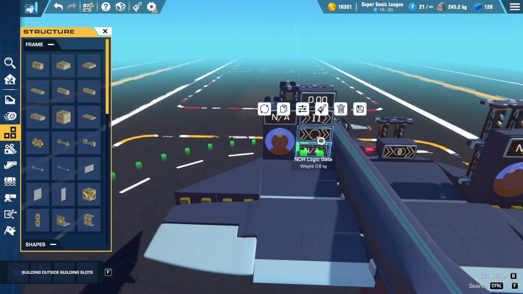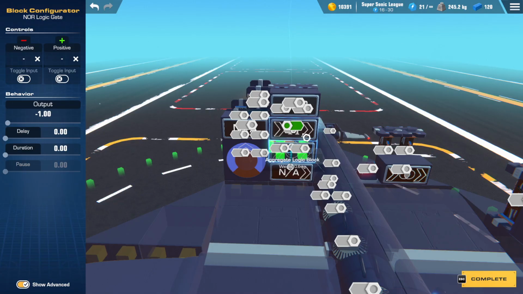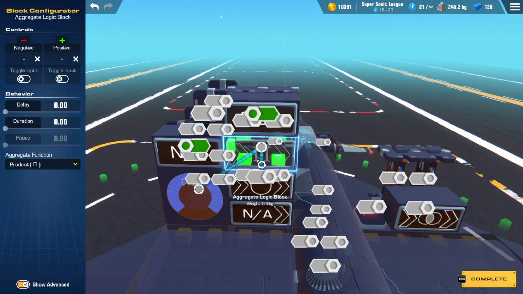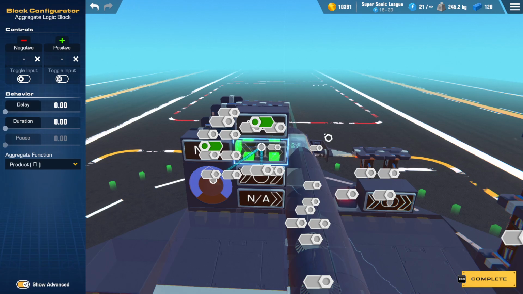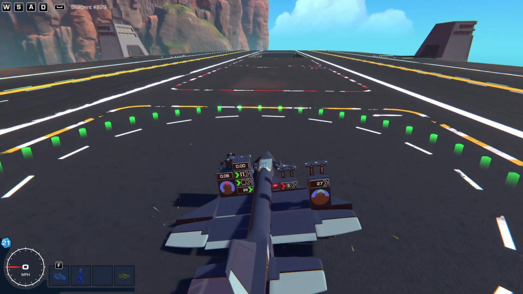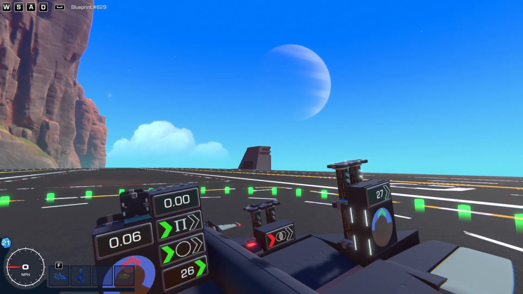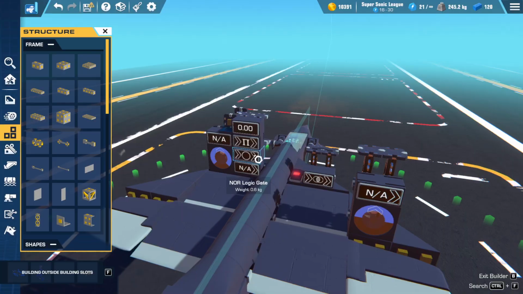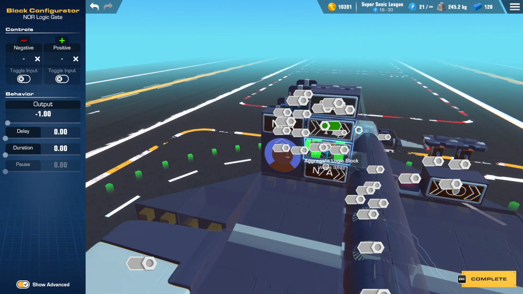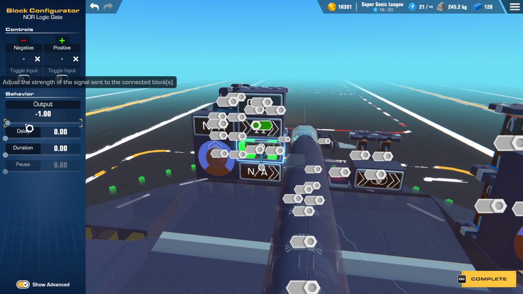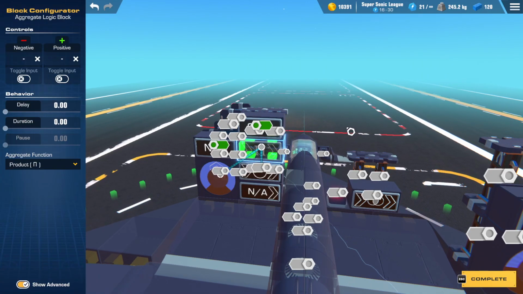So the main idea, so I can actually explain this, is when you're above the threshold, this altitude sensor, because of this NOR gate, goes with this aggregate block that basically creates the inverse, by -1. I'm multiplying.